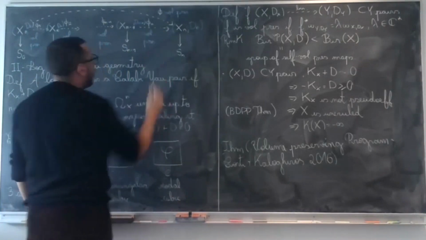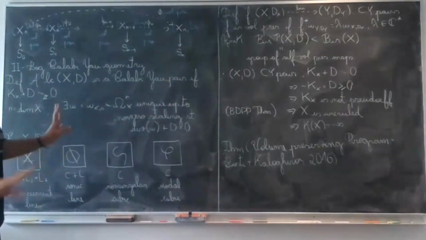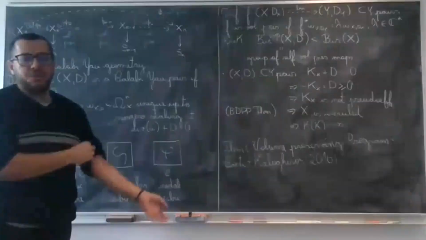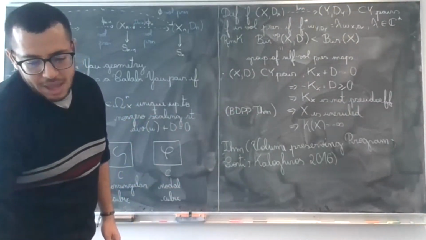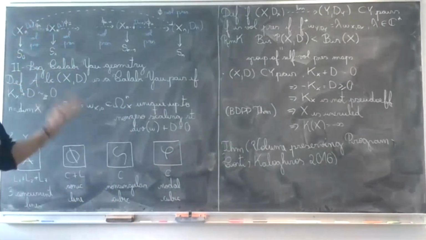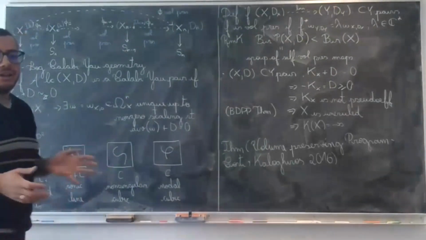And it's important to note that the ordinary Sarkisov program is a result which is algorithmic in dimension 2 and 3, and it's existential in nature for higher dimension.